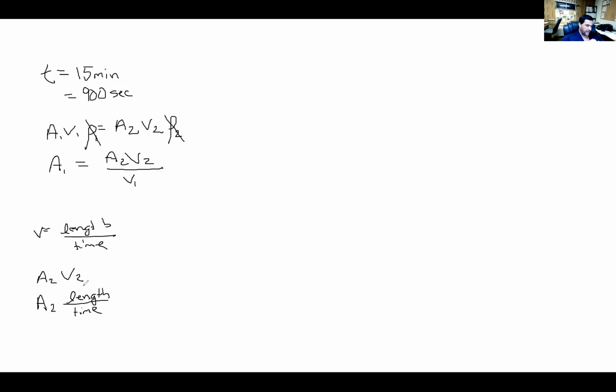So that's my A2 V2, length per time. If we have a volume, volume is given by some cross-sectional area times a length. So if I have an area and a length, that's going to be my volume.